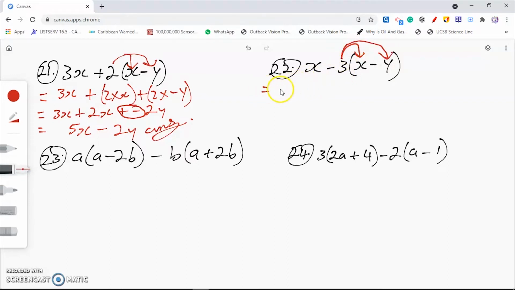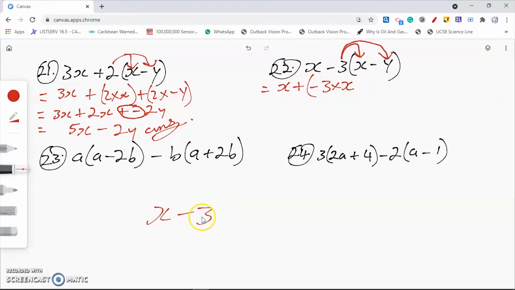So we will get x, and then we would have x plus, and then I'll put the negative 3 times x, because x subtract 3 is the same as x plus negative 3, and I could just write that down here.